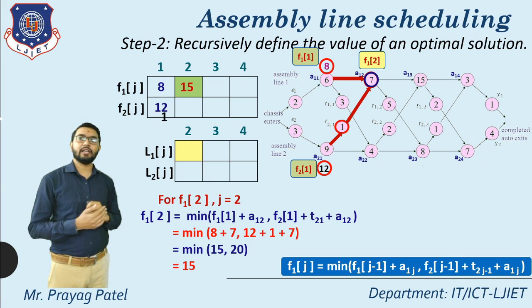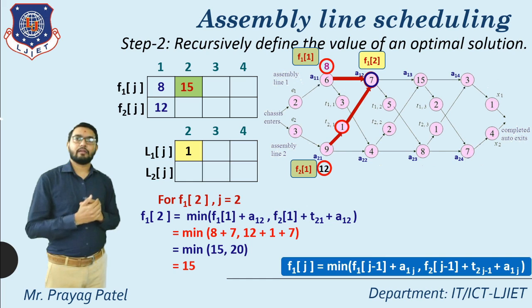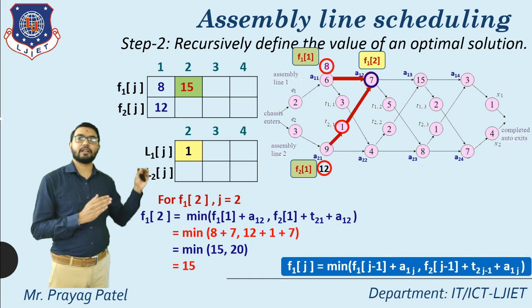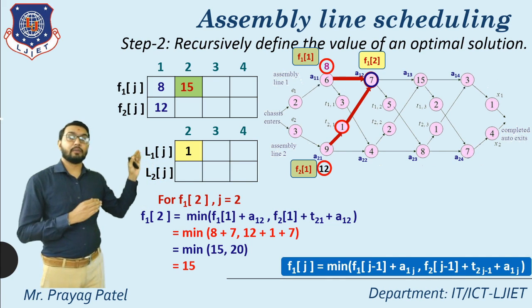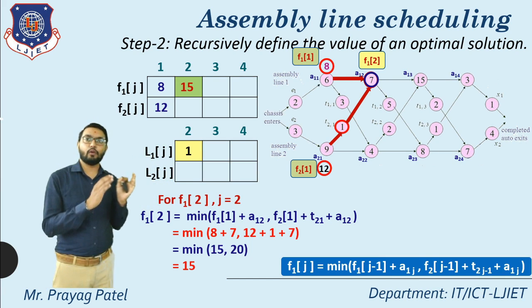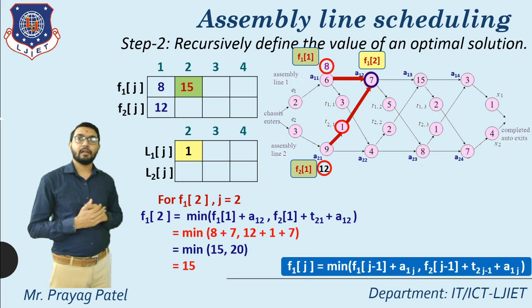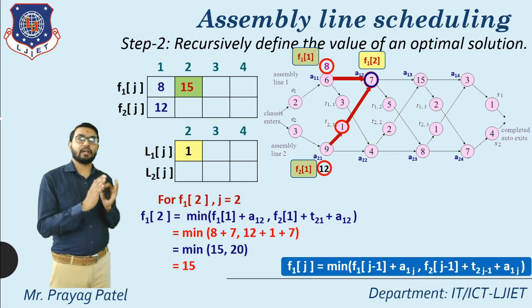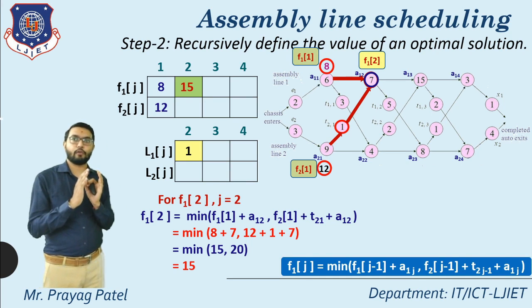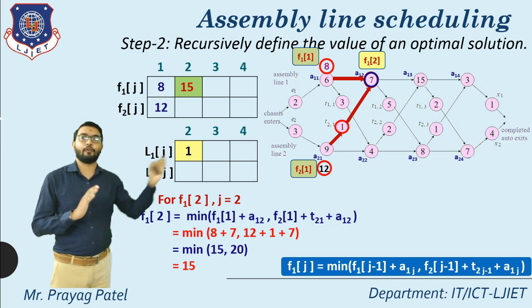Now consider the value of L. What is the value of L? Here consider L12. Remember that in the L table we only consider columns number 2, 3 and 4. Why? Because here we consider the line number for stations 2, 3 and 4 only.